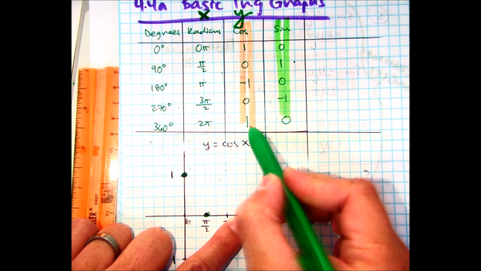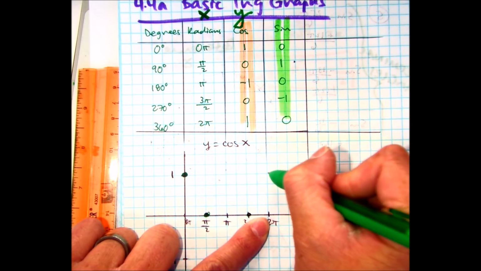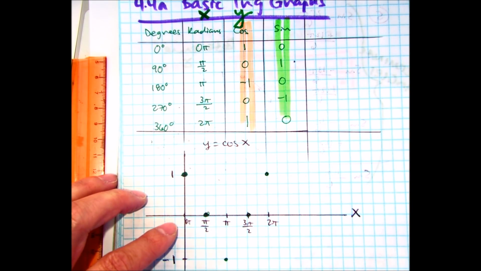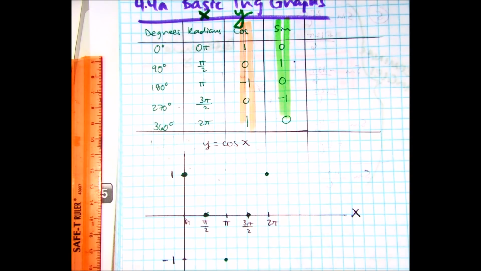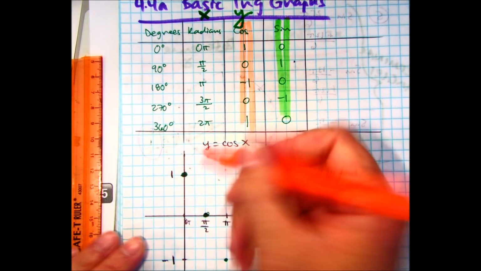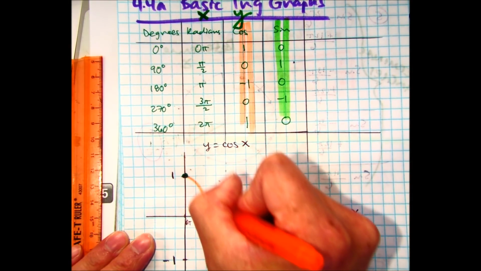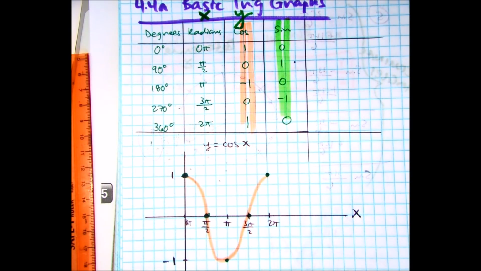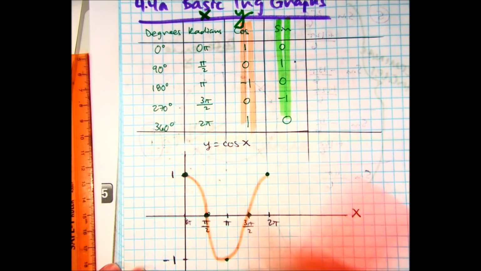And 2 pi is 1. You actually saw the basic graphs back, I think, in chapter 1. And this is the graph of cosine of x.